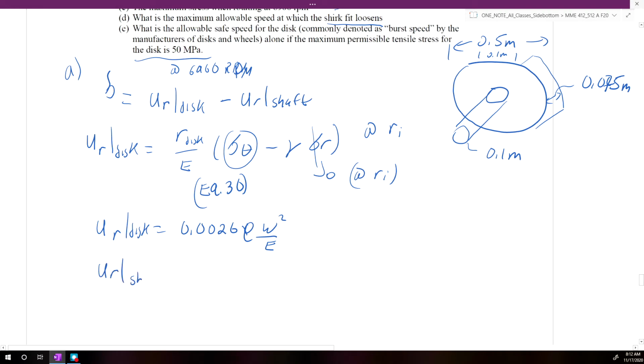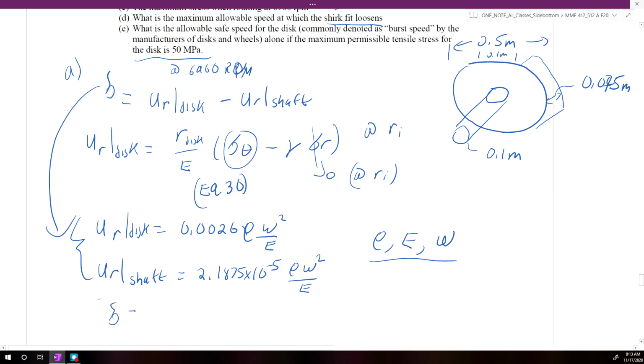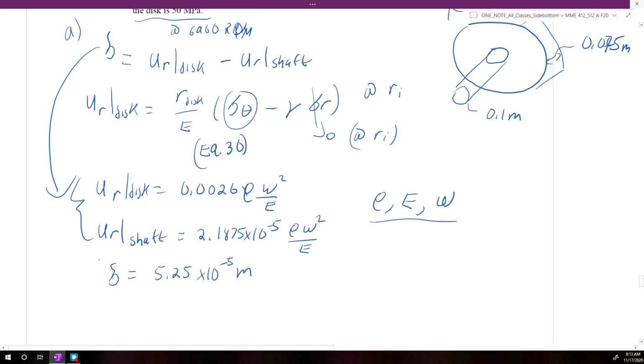For the shaft, if we solve the same equation, we end up getting 2.1875 times 10 to the minus fifth times rho omega squared divided by E. If we plug in our value for rho, our value for E, and our value for omega, and plug the values of u r for our disk and for our shaft into our equation for delta, we end up getting delta equal to 5.25 times 10 to the minus fifth meters.